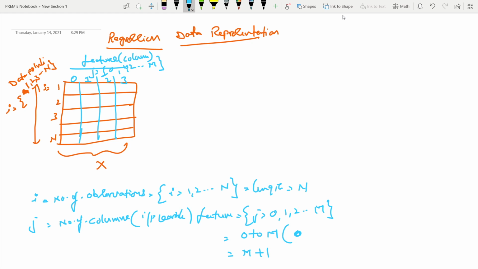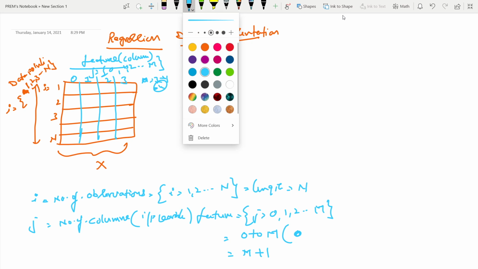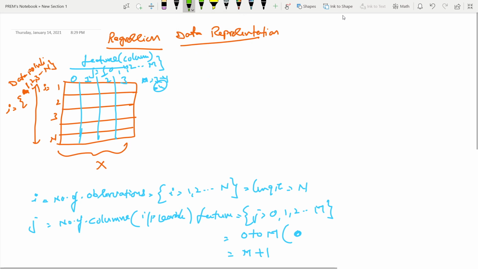For example, from 0 to 3, the j value will be 3 plus 1, which means 4. So if you see, I can write this observation. This is the x.